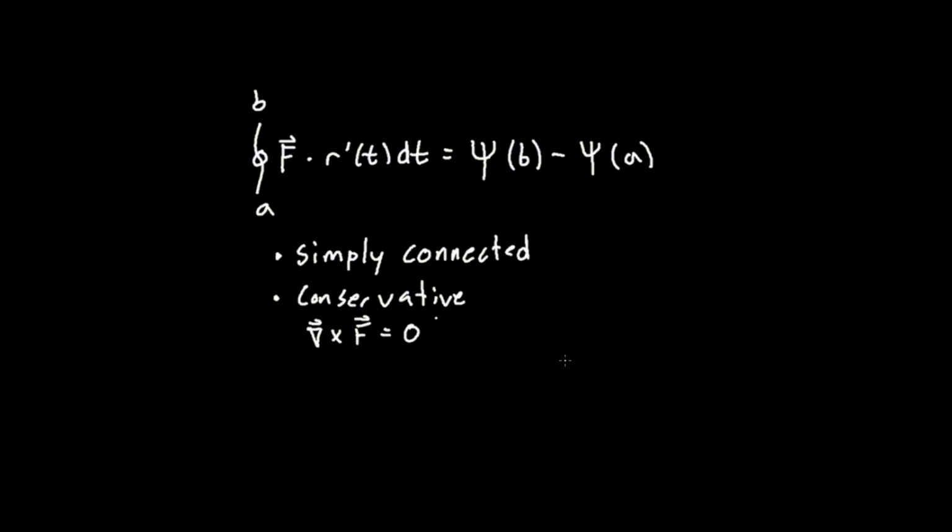And when you have a conservative function, it also means that the gradient of your potential function phi is equal to your vector field. So let's give you an example of that.